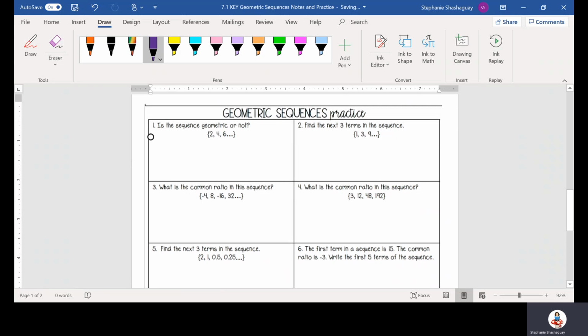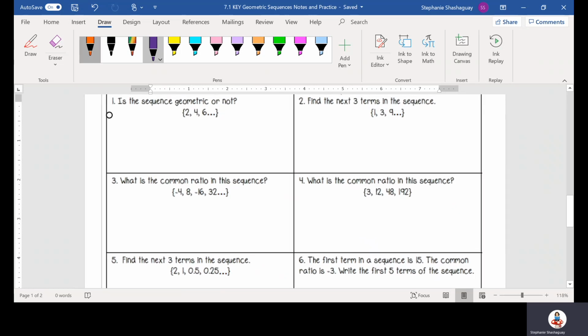So let's look at this sequence here in number 1. Is the sequence geometric or not? Well, from 2 to 4, I either added 2 or multiplied by 2, so that's not really going to help me. From 4 to 6, I didn't multiply by 2, I added 2. So now I know what happened here.